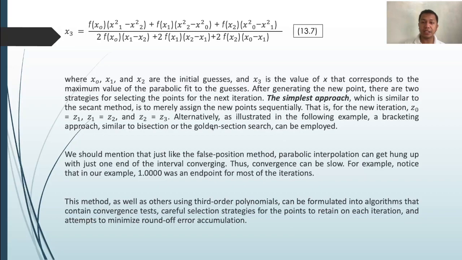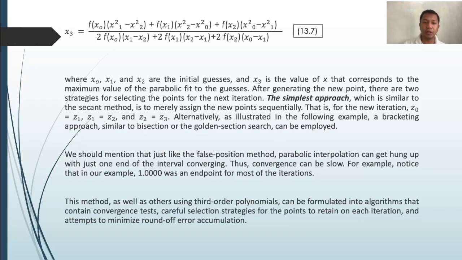Alternatively, as illustrated in the following example, a bracketing approach similar to bisection or golden section search can be employed. We should mention that just like the false position method, parabolic interpolation can get hung up with just one end of the interval converging. Thus, convergence can be slow.